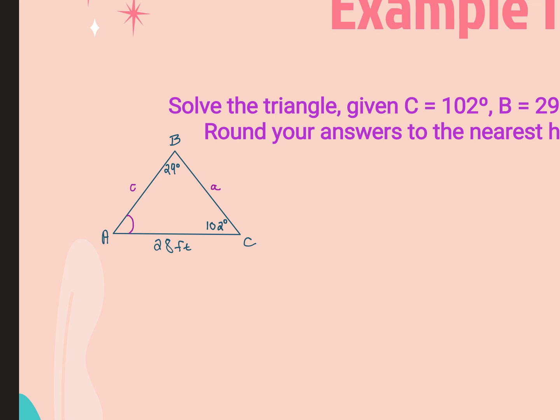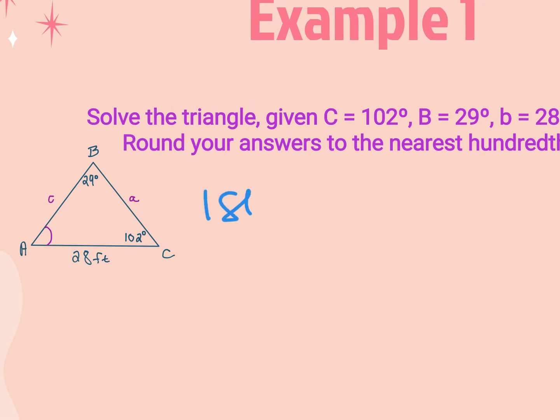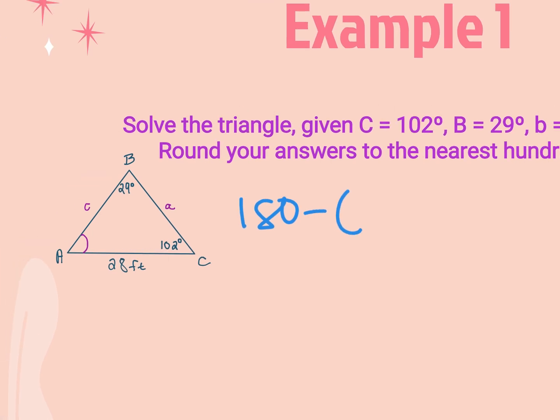All right. So what is the easiest way to find angle A? If you know two of the angles and you know a whole triangle is 180, how can you find angle A? You add the two angles and subtract. So I'm just going to say 180 minus, and I'm going to add those two angles together. So 29 plus 102. So guys, grab your calculator so you don't make a silly mistake. 180 minus parenthesis 29 plus 102.